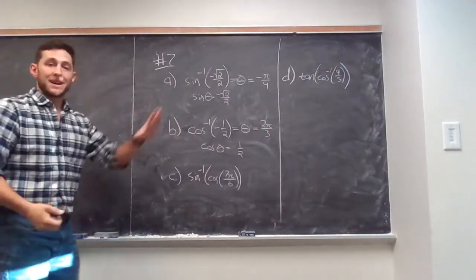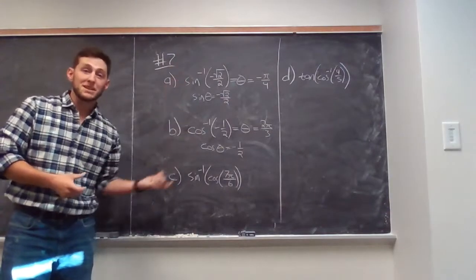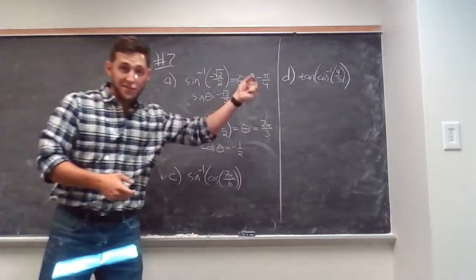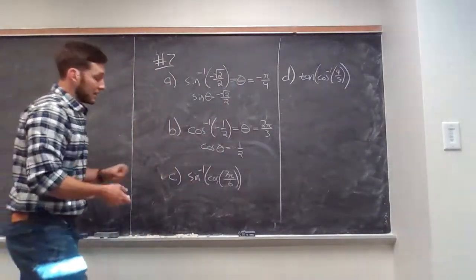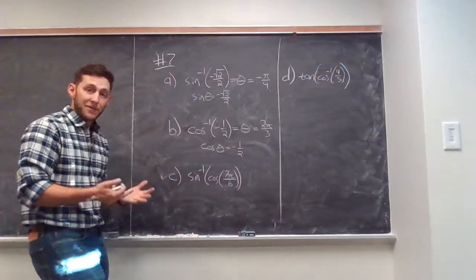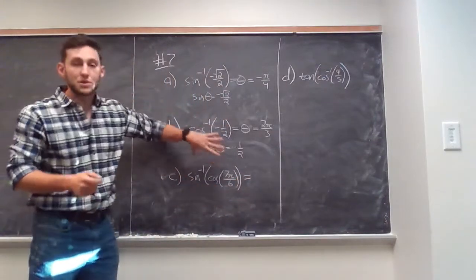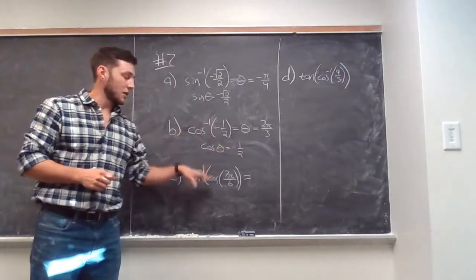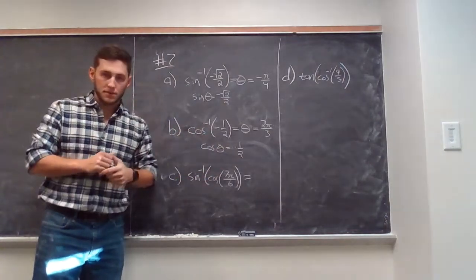Last but not least, you can see I have it split into two different portions. This is split because these are all following the same theme, and that one's a little bit different. So last but not least on this side, first let's find what cosine of 7 pi over 6 is. Remember when you've got two composed functions like this, inverse sine of cosine of 7 pi over 6, always work from inside out.